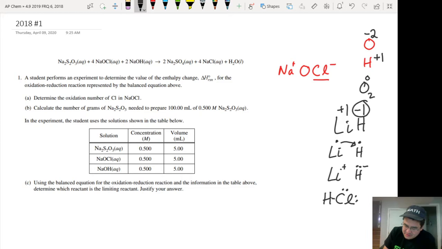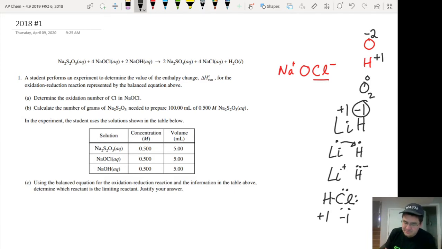Its Lewis structure looks something like this, right? Now, hydrogen, which usually has one valence electron, has kind of given it to chlorine so that it can complete this. So hydrogen here is a +1, and chlorine here is a -1. Those are the oxidation states.